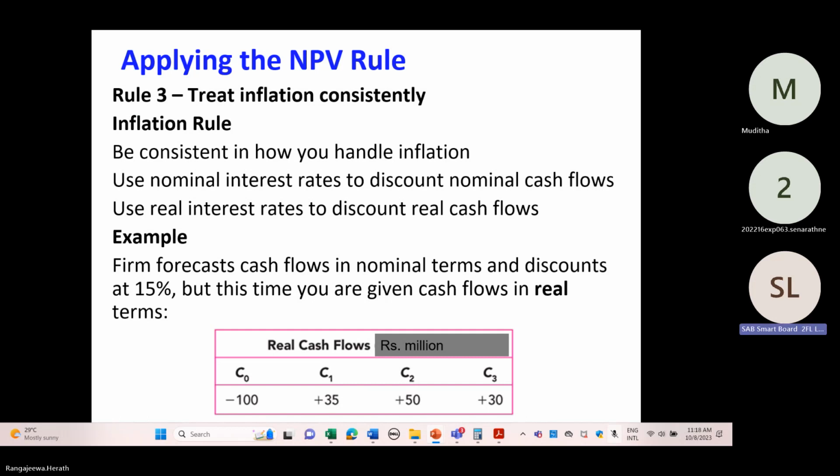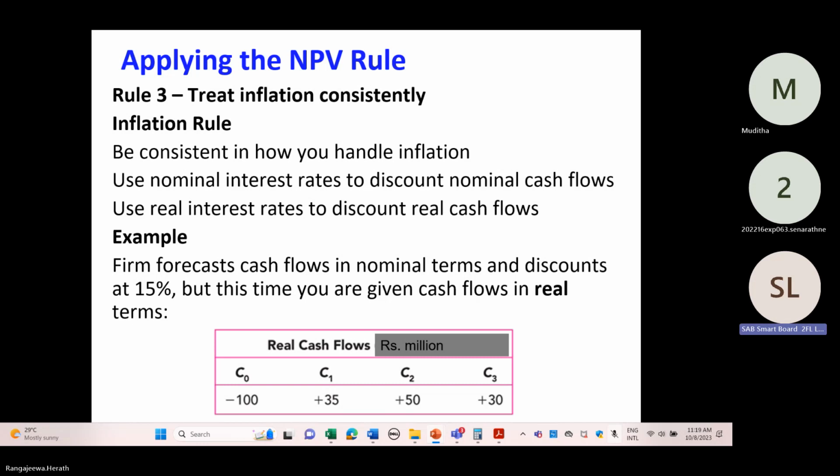We just take the cash flows as we estimate them and use the nominal discount rate. Otherwise, you may use the real interest rate to discount real cash flows. Real means the cash flow is inflation adjusted.